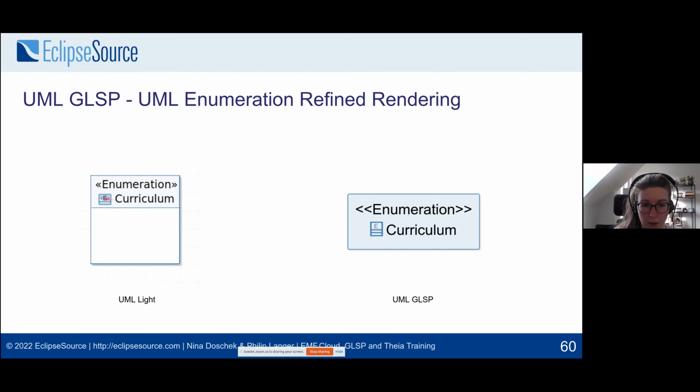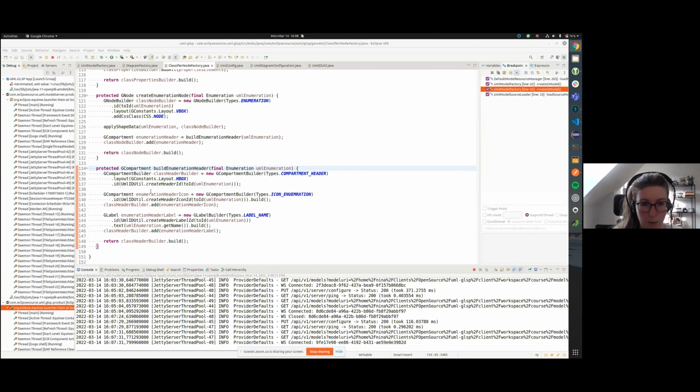So we have one label here and we want to insert another label above, and we want to capture them together into one compartment, would be my first guess. Yeah, so what do we do?